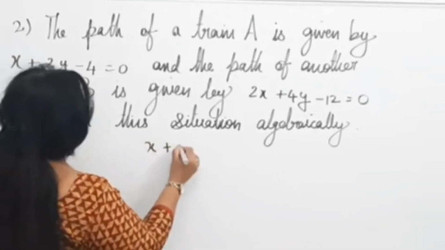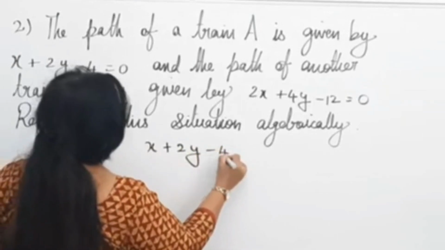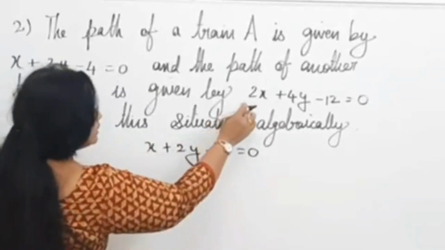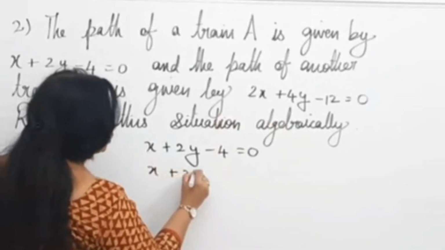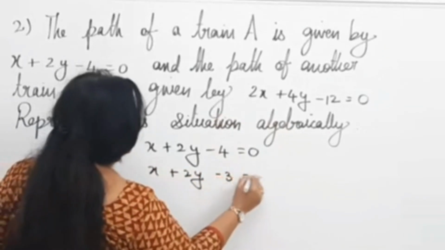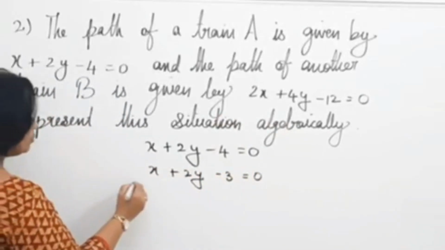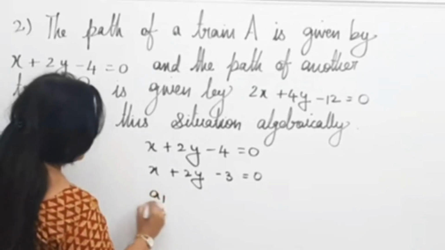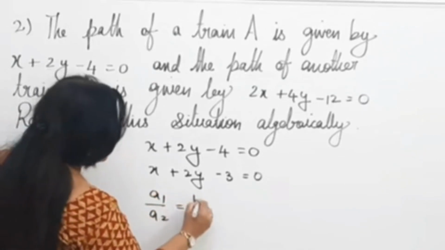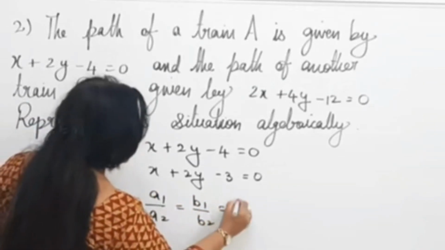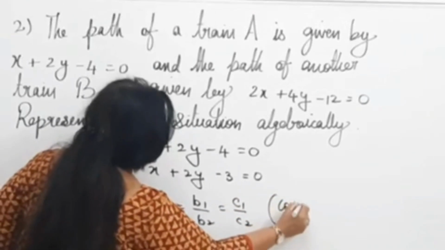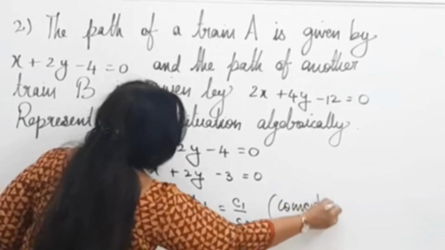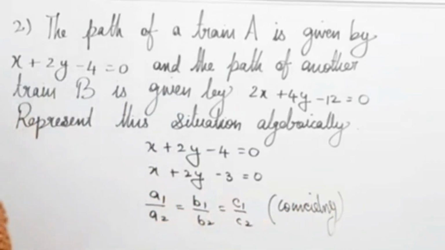That is x plus 2y minus 4 equal to 0, and this equation on simplification I can write as x plus 2y minus 3 equal to 0. Now let me write my condition such that a1 by a2 is equal to b1 by b2 is equal to c1 by c2. It means it is coinciding.